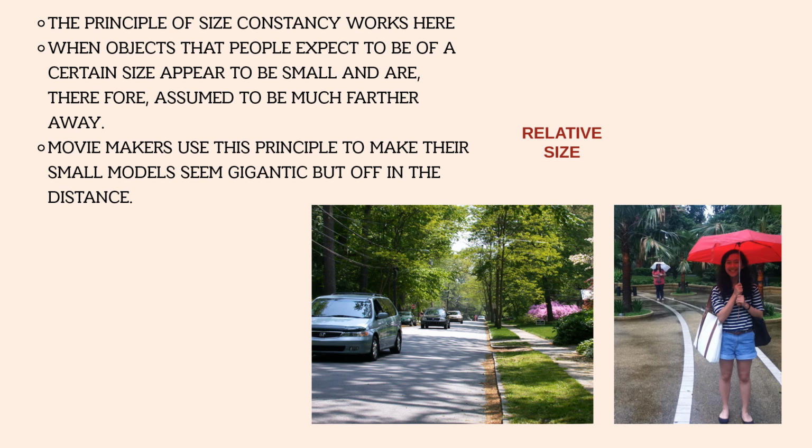So when there are objects that we expect to be of a certain size appear to be way smaller than they are, we assume that the object is far away from us, not actually small in size. Usually this is used by movie makers. You would have seen Gulliver's Travels, and they definitely use this particular depth perception cue to create the perception of one person being overly huge and the other people being very, very small.